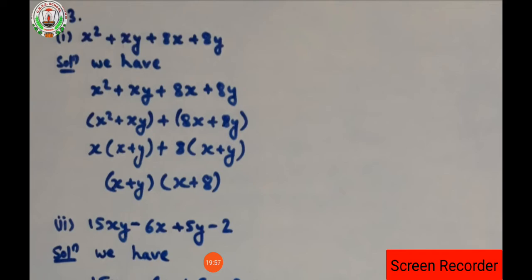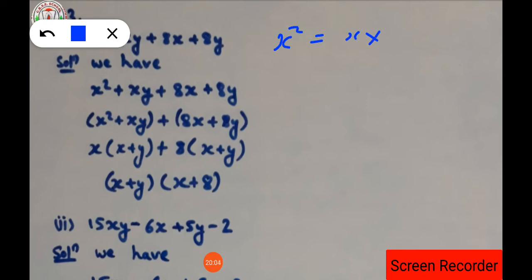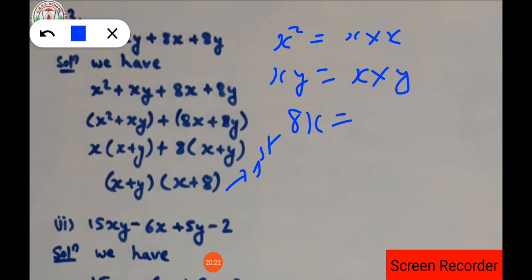So dear students, you can do it by another method also. Suppose x square can be expanded as x into x, as we did in question number 2. This is the first method, and the second method is like question number 2. Second, we can expand the second term as x into y, isn't it? Third, how do we expand that? 2 into 2 is 4, 4 into 2 is 8, 8 into x.